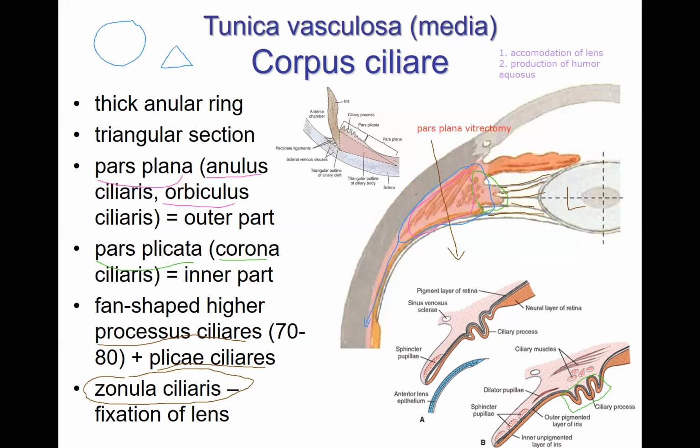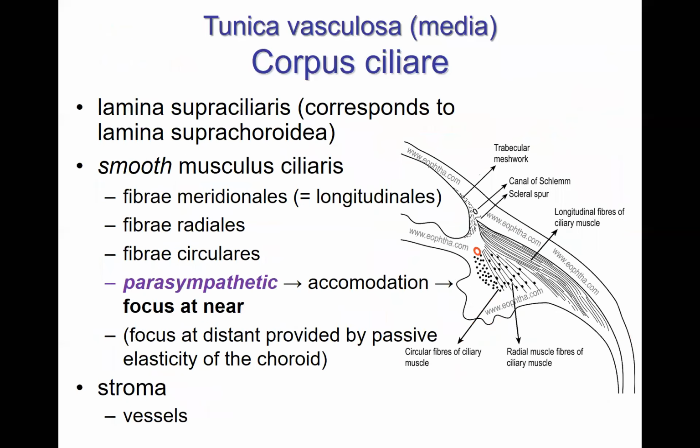So it's produced here in the ciliary body, then it goes into posterior chamber, pupil, anterior chamber, and then it's absorbed to sinus venosus sclerae or Schlemm's canal, and then to veins. Yeah, so there's the circulation of the humor aquosus. So back to ciliary body.